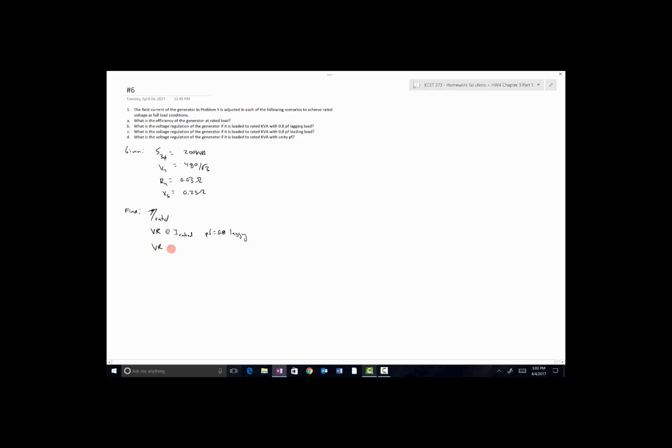The voltage regulation at I rated, power factor equals 0.8 leading. And the voltage regulation at rated current and power factor equals 1.